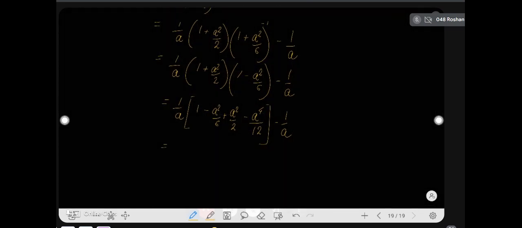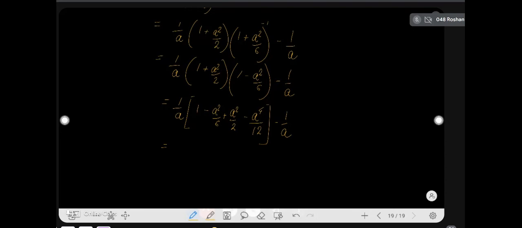First we will check which terms can be directly transformed. Can you see 1 by a from the first term? After that, first let us simplify.